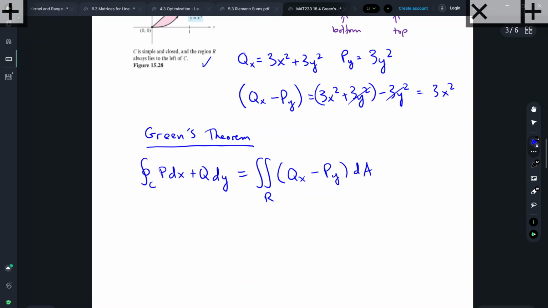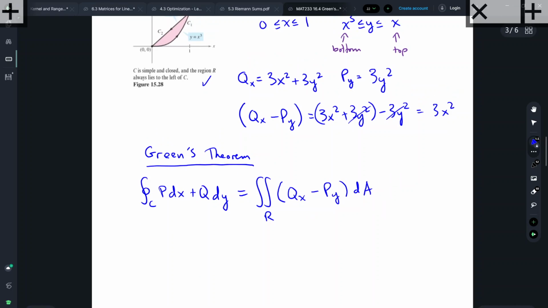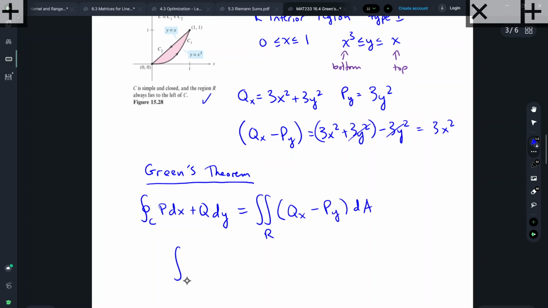And okay, so now we're calculating the double integral instead, right? So we have to set up the double integral. What is the region of integration? So x goes between 0 and 1, y goes between x cubed and x. And we've already calculated this partial derivative, right? So it's just 3x squared. The inner integral was y, the outer integral was x.